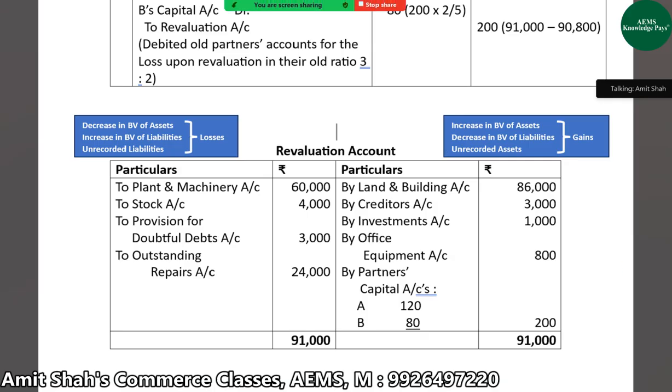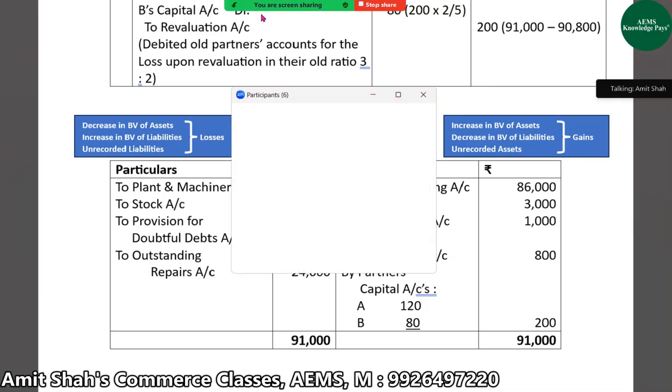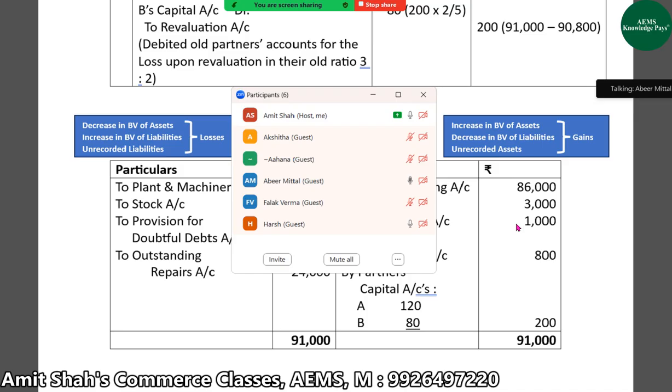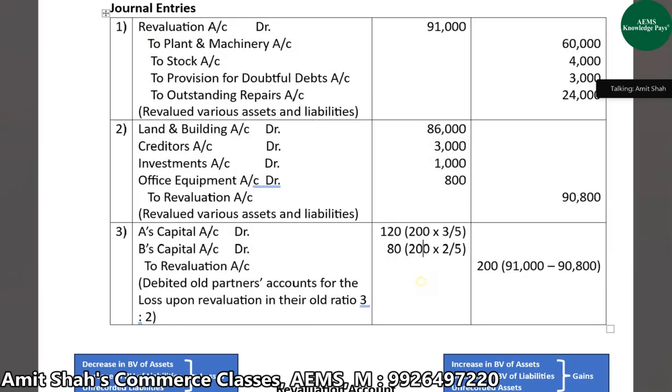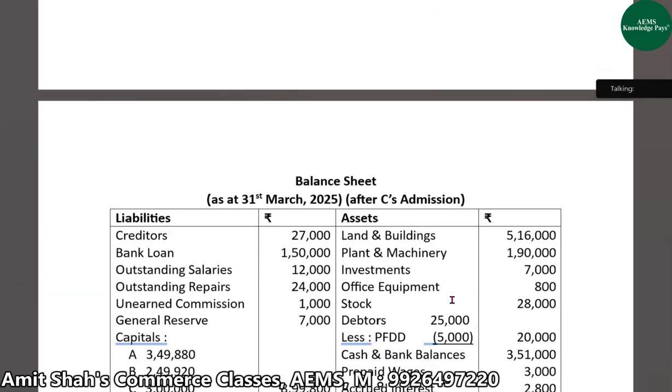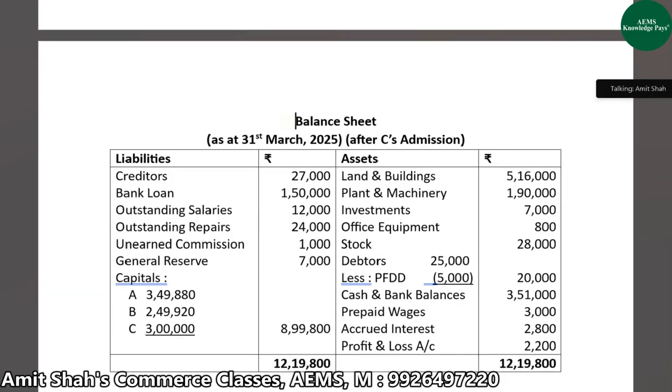Then guys, have you all made the revaluation account as well? Yes, sir. Have you also marked the way I have marked this in blue box here, both the sides? Yes, sir. Abhi, Rakshita, Harsh. Harsh, have you noted down all the journal entries? Yes, sir. Okay. Make this balance sheet, guys.